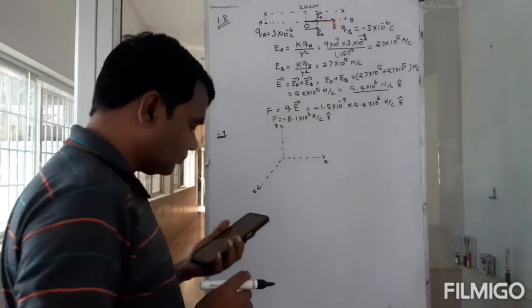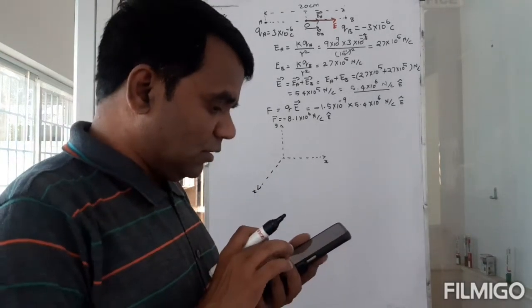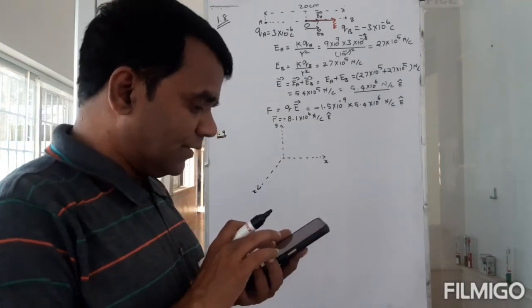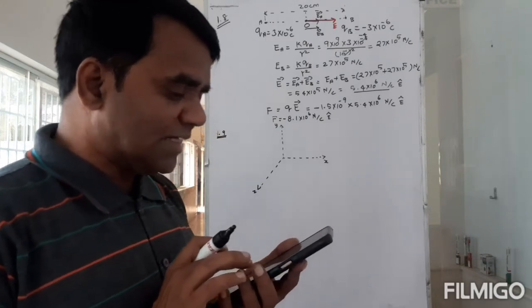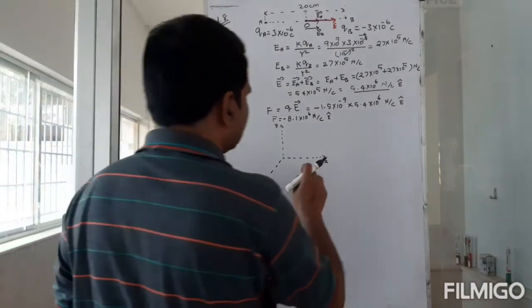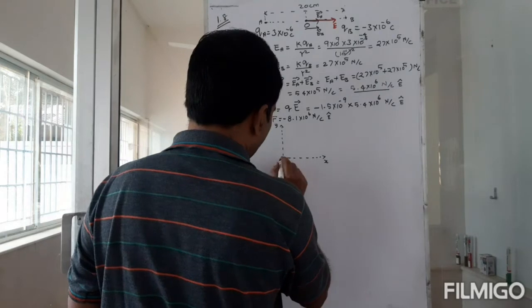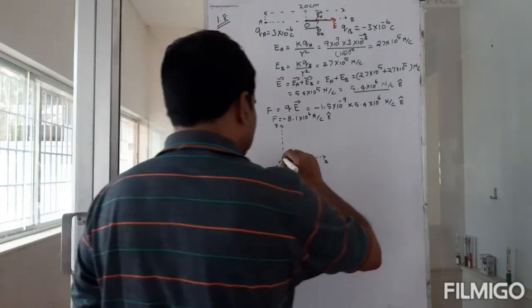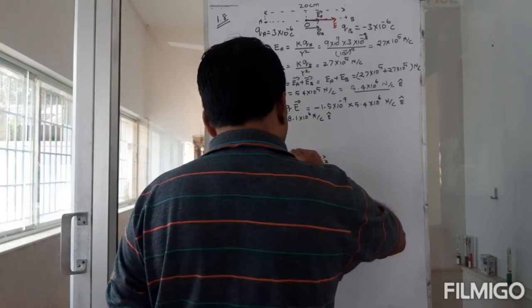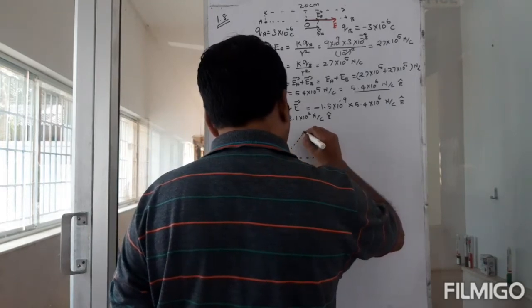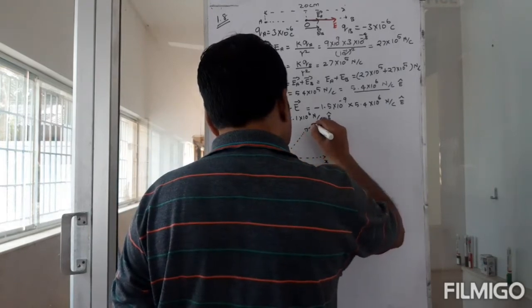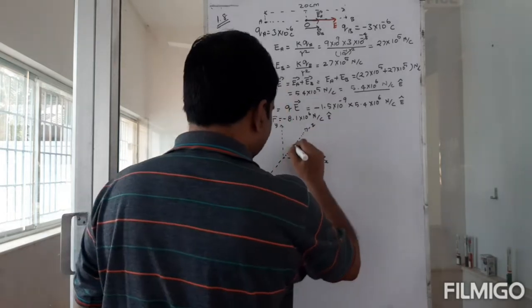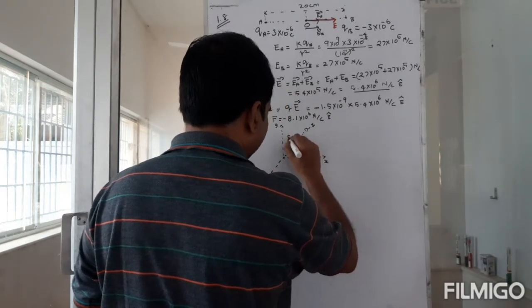Now let's see. First one is QA, which is kept at 0, 0, minus 15 centimeters. So x is 0, y is 0, and z is minus 15. This is the positive z direction, so the negative z direction must be here. This must be negative z, right?